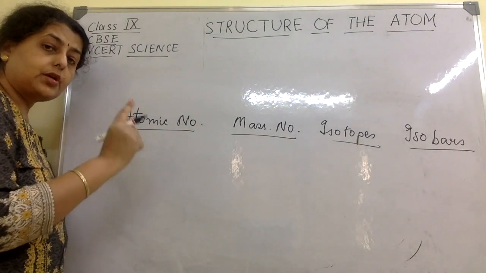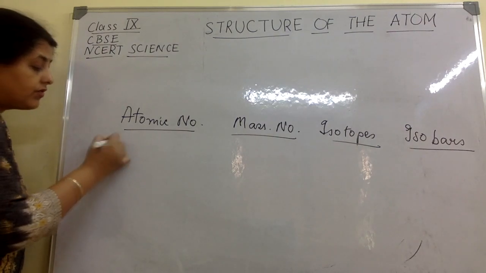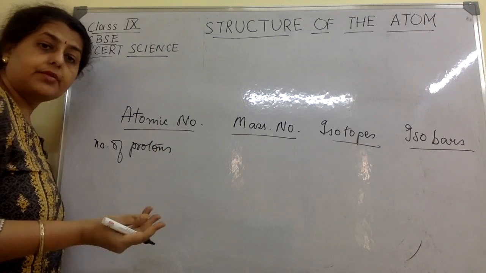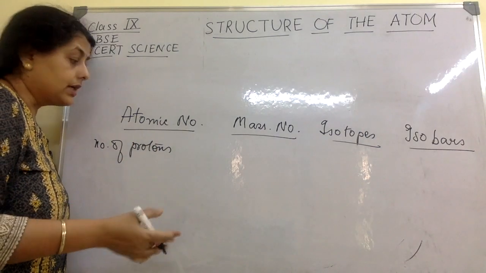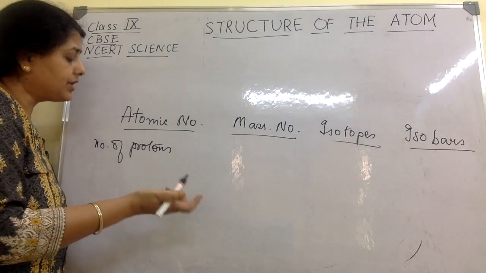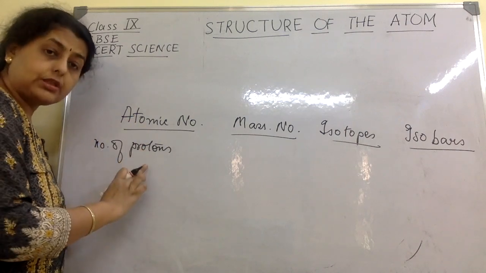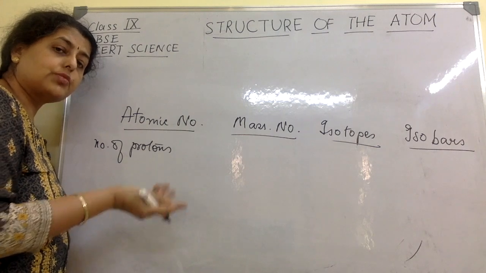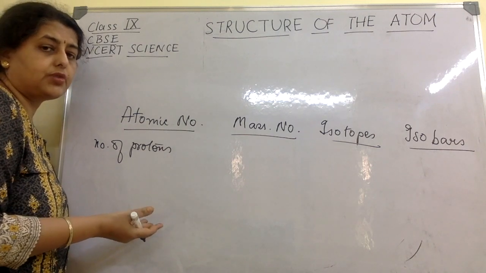Atomic number. Atomic number is number of protons, okay, in the atom of an element. Number of protons. Actually, the definition is number of protons, but it applies for number of electrons also, because number of protons is always equal to the number of electrons.